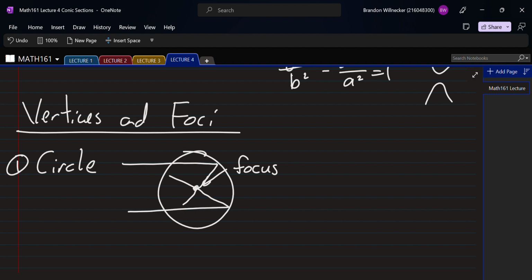So any light rays coming in go through the focus, and if we have light rays coming from some object, they will be focused at that point. In other words, we will have an image formed at that point. Again, you don't need to know that. That's just something to think about when you want to know what a focus is. So you can imagine horizontal light rays coming in, and they get focused at that point. We call it the focus.